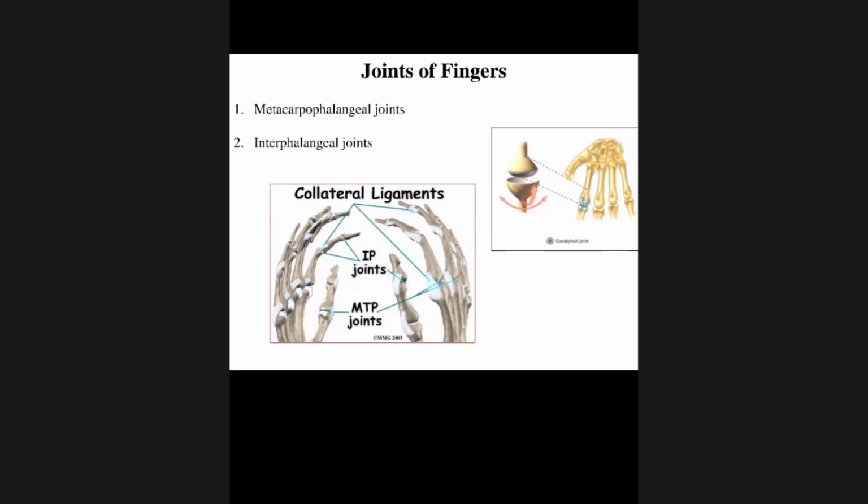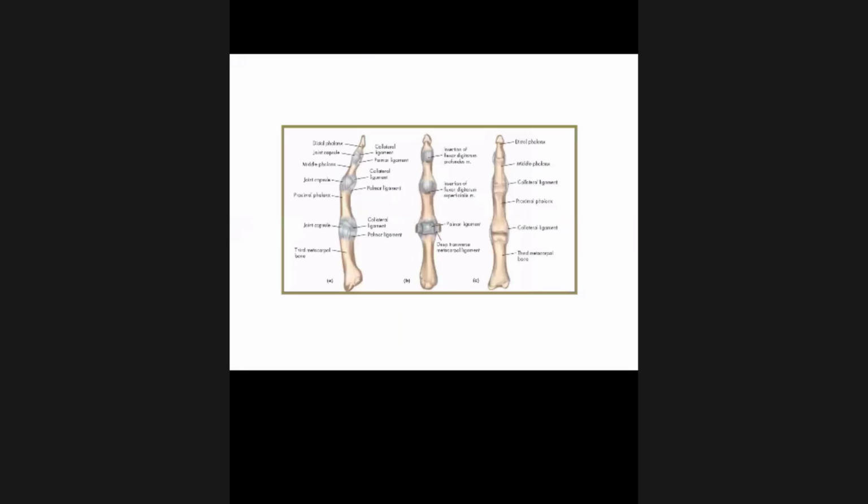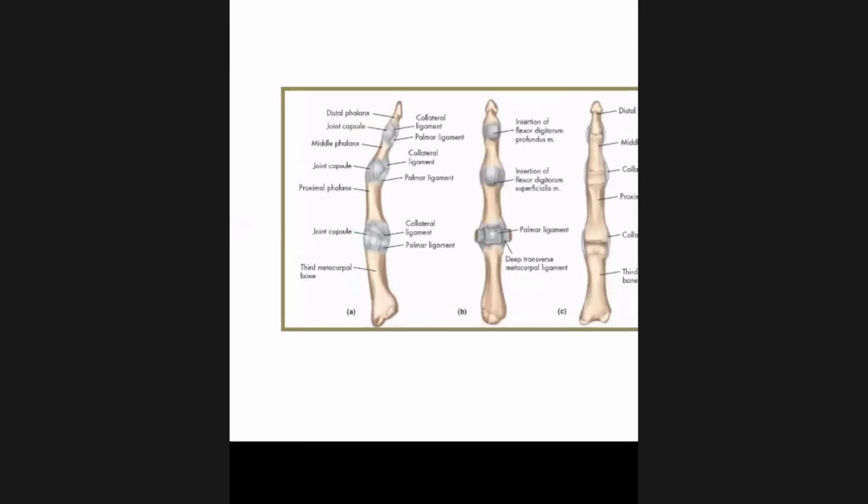So there are two joints in the fingers, interphalangeal and metacarpophalangeal. In the thumb there is only one interphalangeal joint, and in the remaining medial four fingers there are two interphalangeal joints, that is the proximal interphalangeal and distal interphalangeal joints.